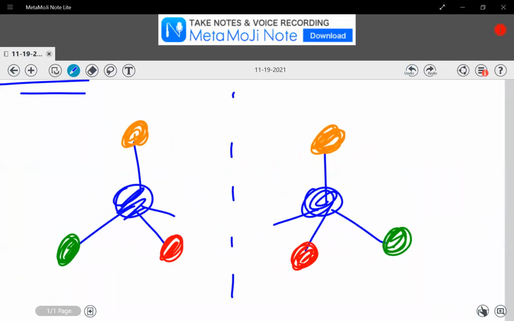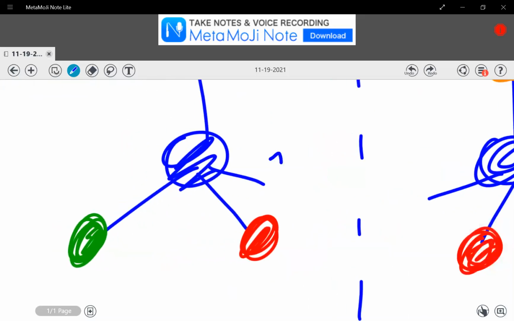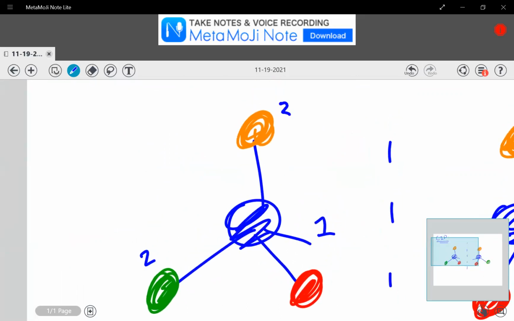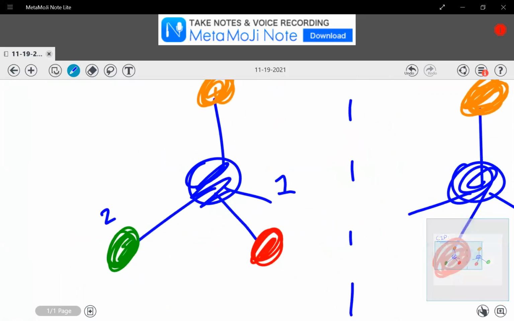Now, I'm going to start labeling them with numbers 1 through 4, because there are 4 things attached. To label these colors, I'm just going to go with the classic rainbow order: blue, green, orange, red. So blue comes first, then green, then orange, and finally red.